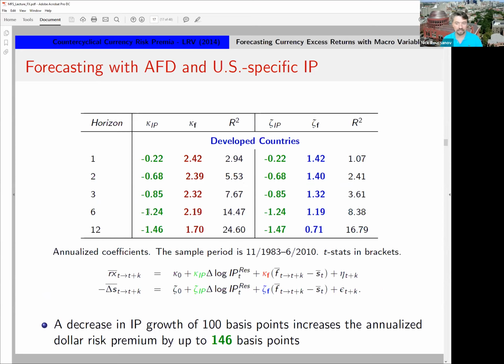And indeed, we see that it's this residual of the U.S. industrial production growth with respect to the foreign industrial production growth that delivers this strong counter-cyclical behavior of currency risk premia with pretty impressive Sharpe ratios given, R squares, which of course translate into Sharpe ratios at 6 to 12 months horizons.